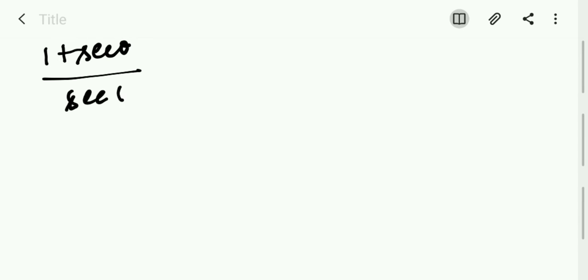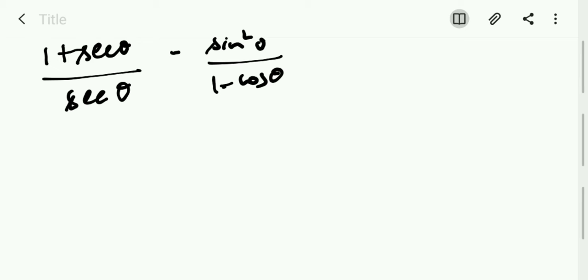Now moving on to the next sum. Our next sum states (1 plus secant theta) by secant theta is equal to sine square theta by (1 minus cos theta).